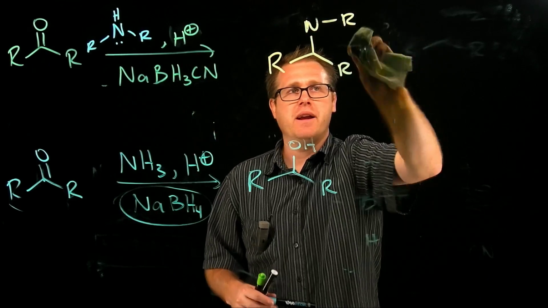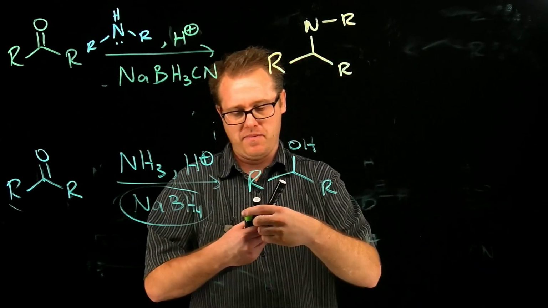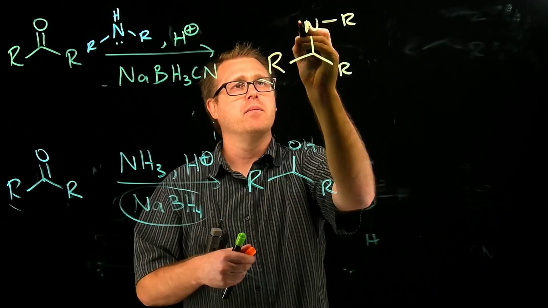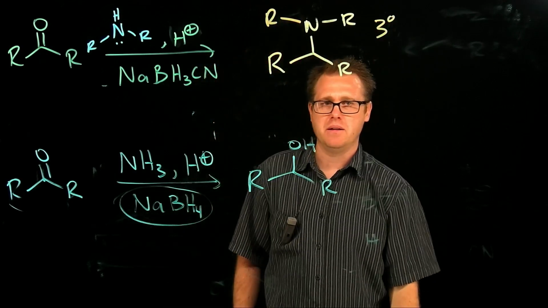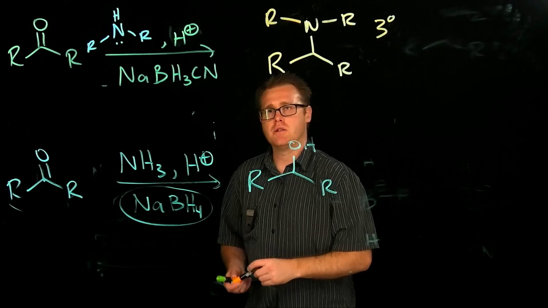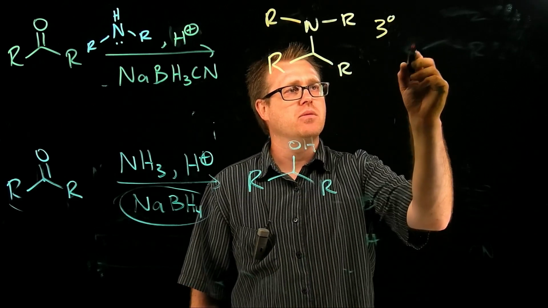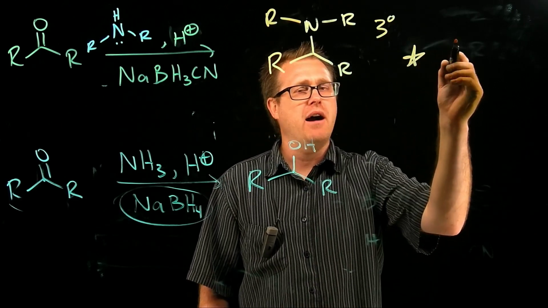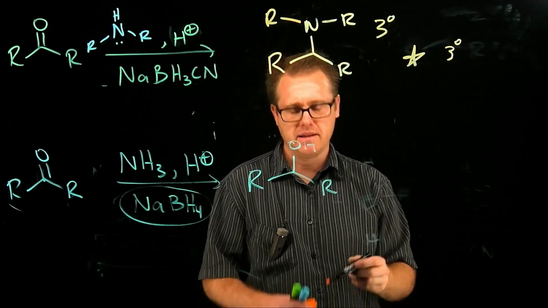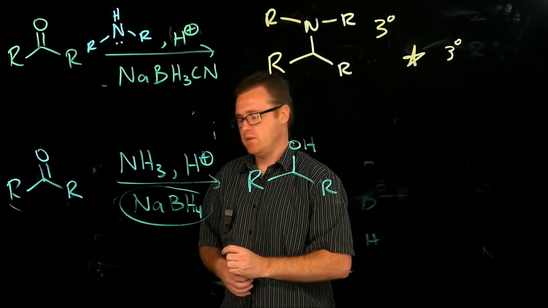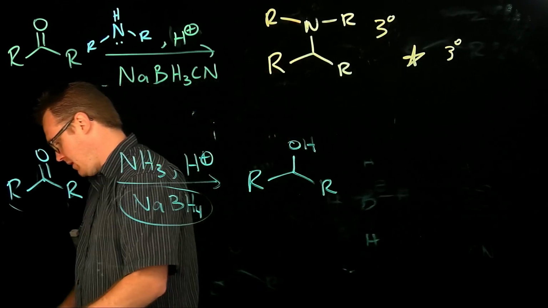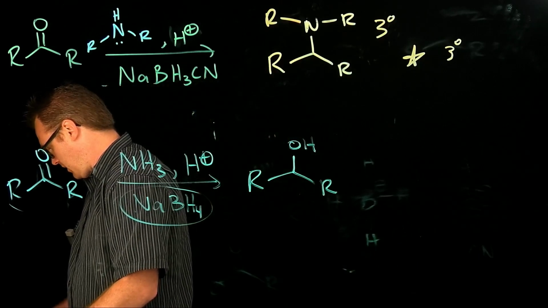We would now generate a tertiary amine. So I would highlight that. That's a really important way how to make tertiary amines is by reductive amination, which is pretty slick. Okay.